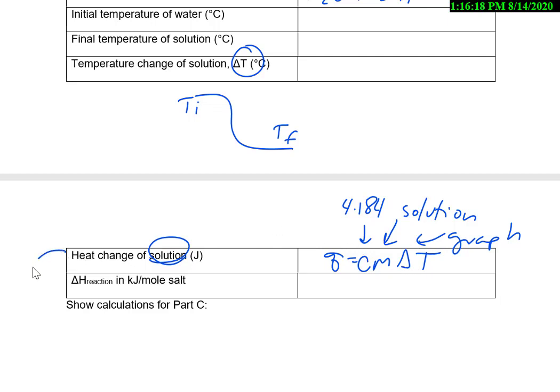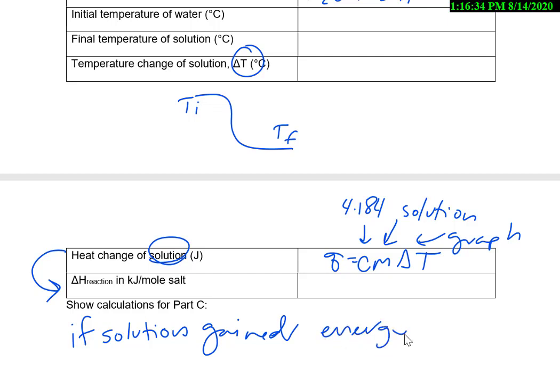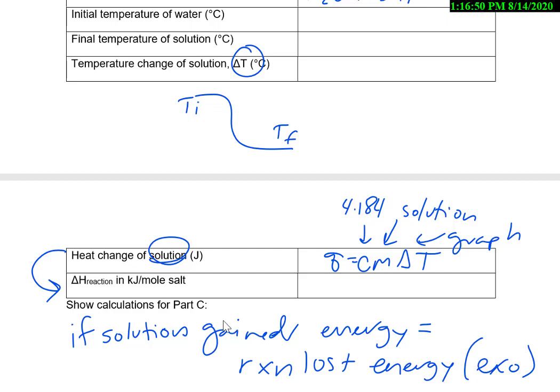So whenever we switch over to the enthalpy of reaction, what we have to understand is if the solution gained energy, then what that means is the reaction has lost energy. Meaning it's exothermic, and it'll have a negative delta H. However, if the solution lost energy, that means that the reaction actually gained the energy.